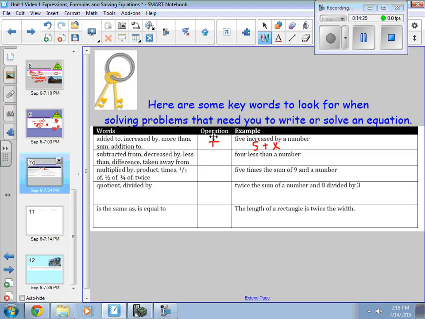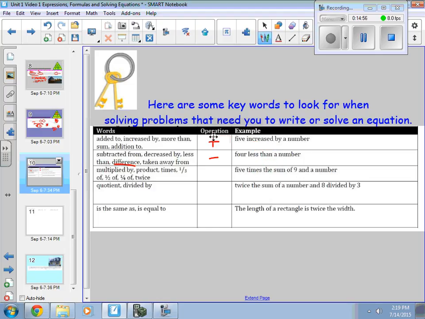Subtracted from, decreased by, less than, difference, taken away from. Those are all subtraction. Difference is a kind of one that comes up once in a while. Know that difference means minus. For less than a number, we want to write an expression for that one. This is kind of a tricky one. Here we see that the 4 is first. And then it says less than a number. However, 4 minus x, or 4 minus some variable, is not correct here.